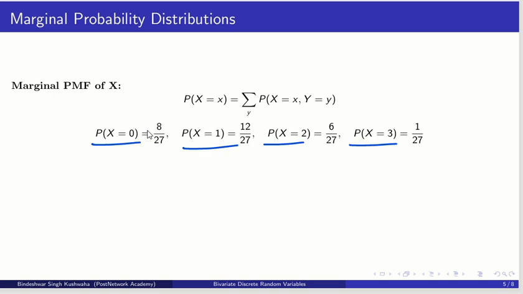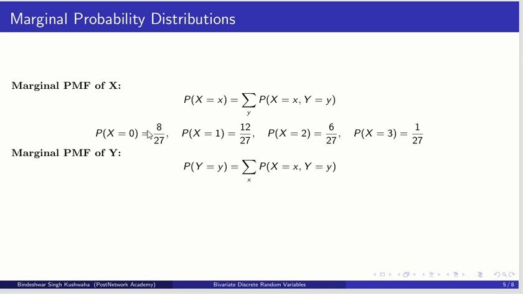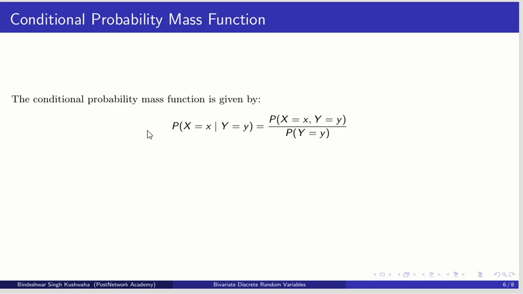These are the marginal probability mass function of X, and for the marginal probability mass function of Y, for Y equal to 1 we will add all, p(Y=2) is 8 upon 27, and p(Y=3) is 6 upon 27.